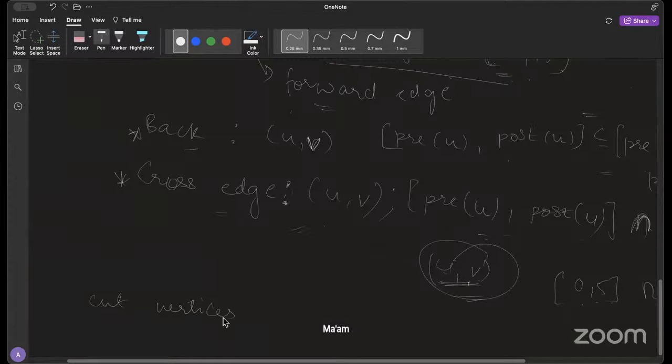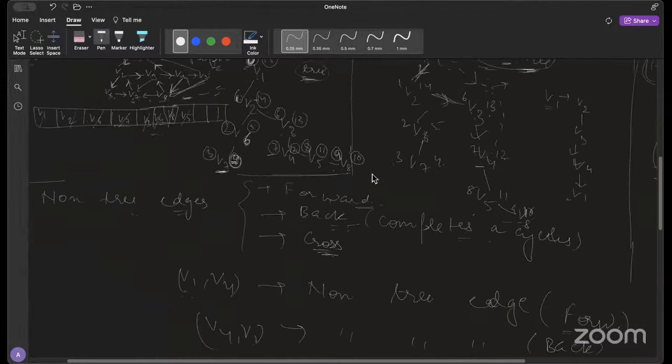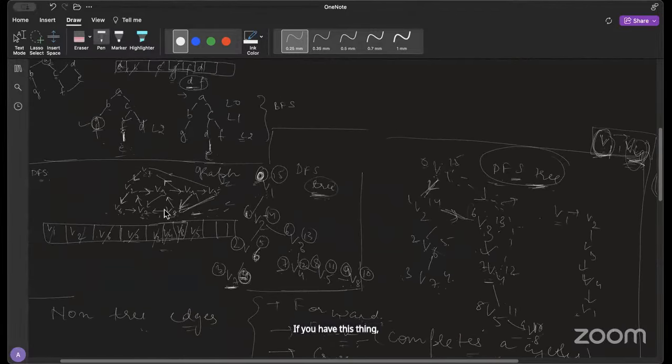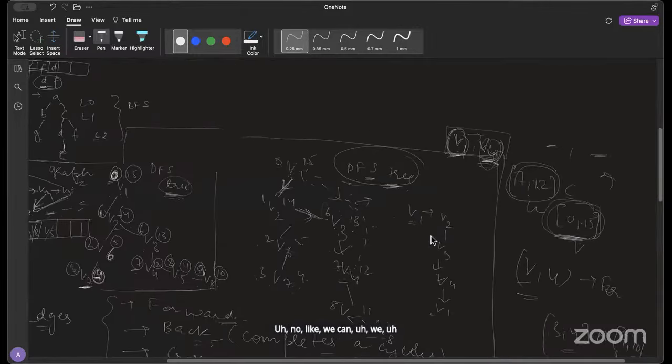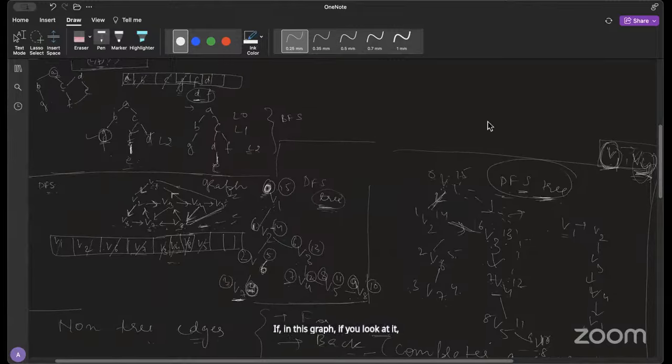In the case of a cross edge, what should be the direction, like forward or backward? The direction is already in this graph. You can't decide V8 to V7 in the graph, if you look at it, you can't decide V1 to V4 or V4 to V1.